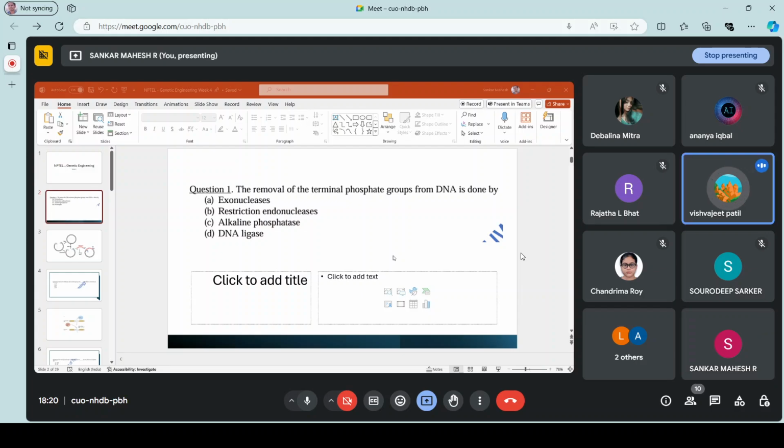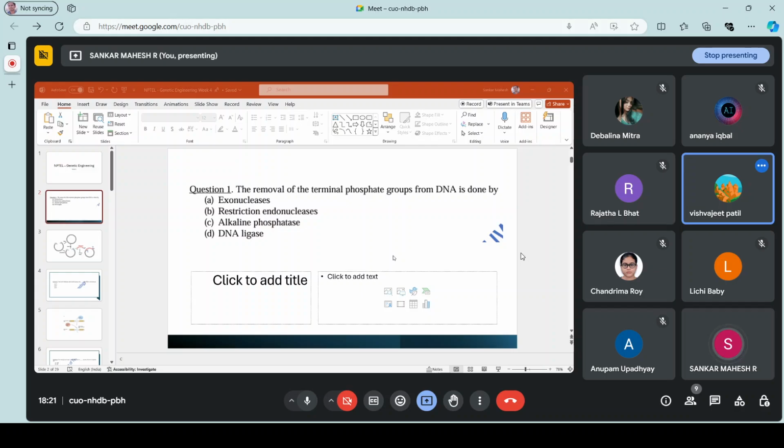Sir, in DNA replication, when the lagging strand is formed, then DNA ligase joins that strand.